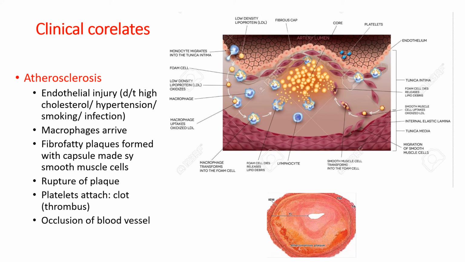Let us now discuss some clinical correlates associated with the histology of these blood vessels. The first condition is atherosclerosis. In this condition, the basic lesion is an injury to the endothelium. You can see here that in the top view, the endothelial cells appear polygonal, and these are the layers outside the endothelium.